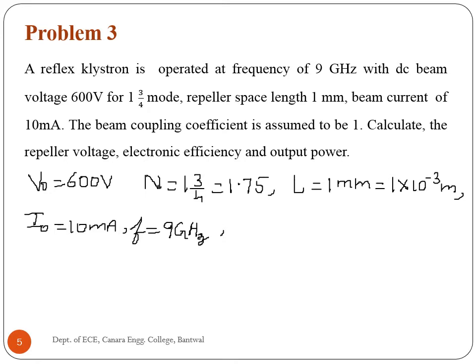And beam coupling coefficient is beta 1 is equal to 1. We have to find out output power, repeller voltage, and efficiency.